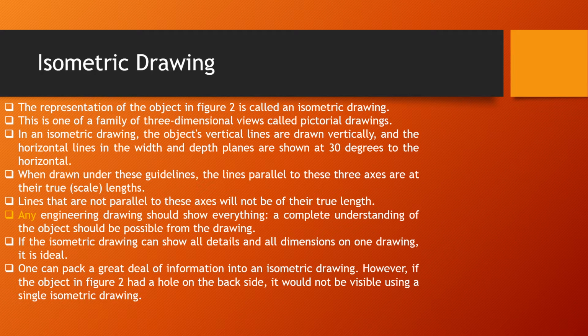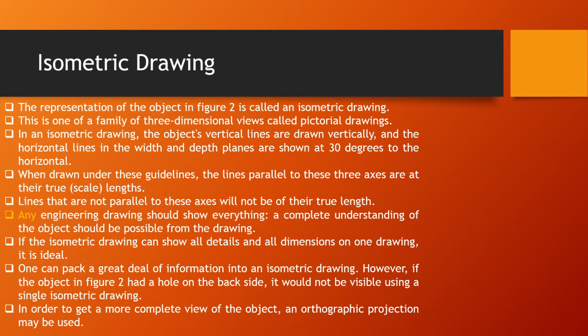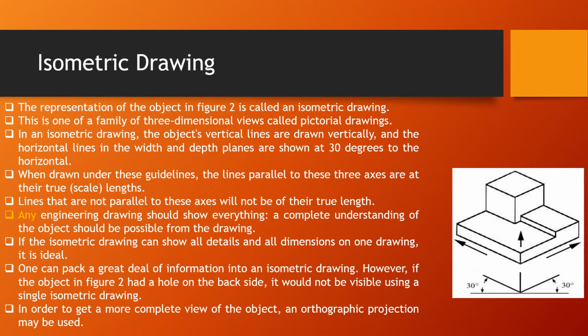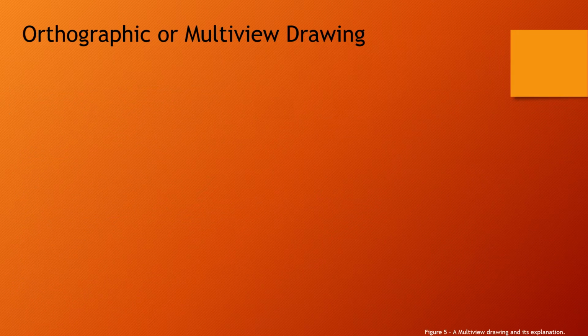However, if the object in figure 2, which I will show you in the coming slide, had a hole on the back side, it wouldn't be visible using a single isometric drawing. In order to get a more complete view of the object, an orthographic projection may be used. That is figure 2, which I explained. Let's move on.